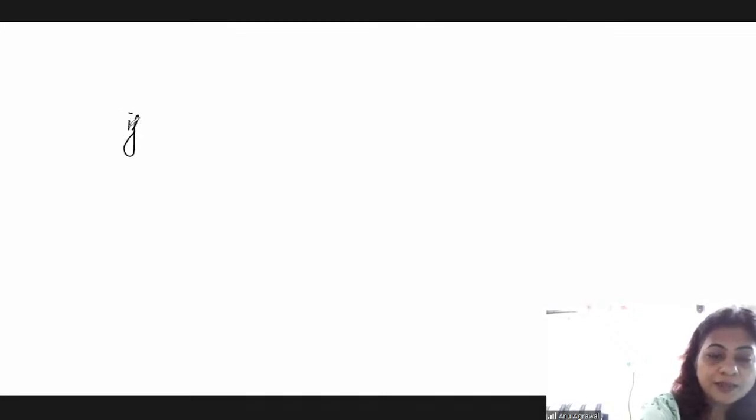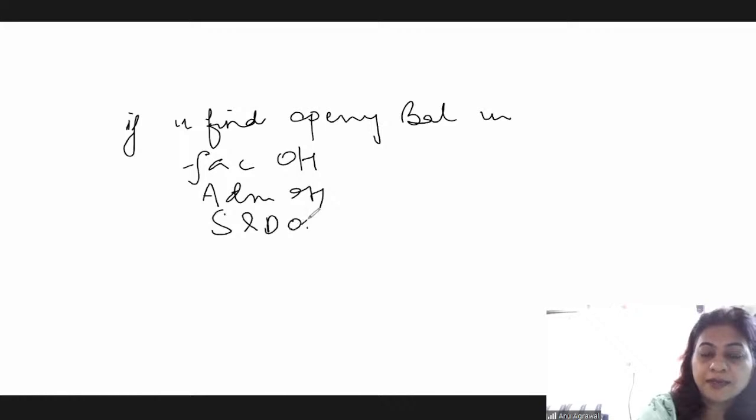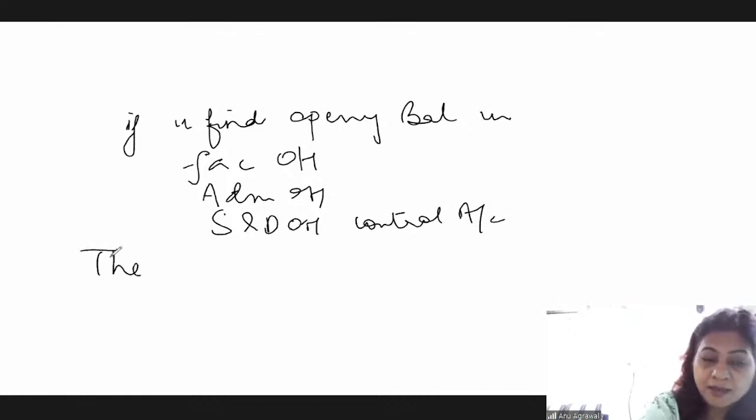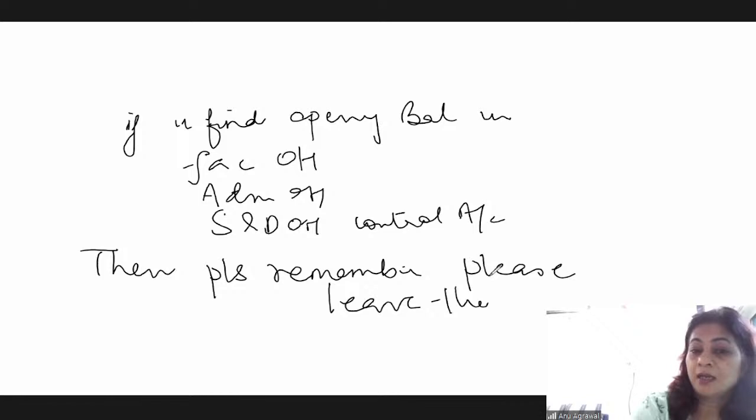First thing, if you find opening balance in factory overhead or administration overhead or selling and distribution overhead control accounts, then please remember, this I'm telling you, please leave the under and over absorption as balance.